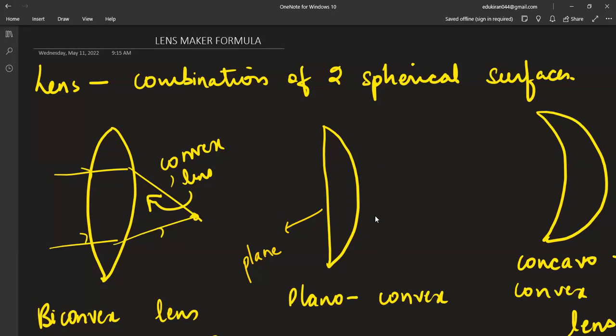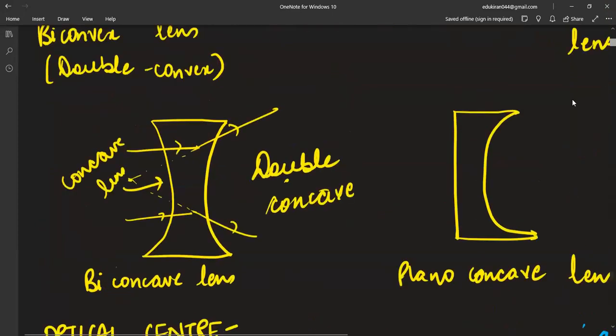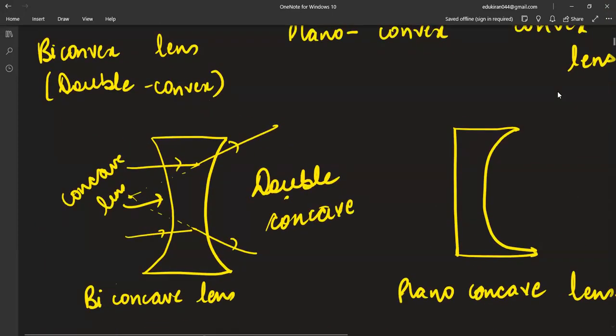So this type of lens is known as plano-convex lens. This is already convex, but this side is concave. Instead of pasting the opposite in this manner, we have pasted it like this. So this is concavo-convex lens. Biconvex is also known as double convex.